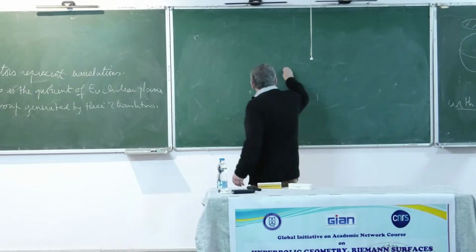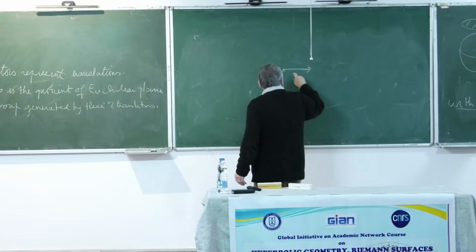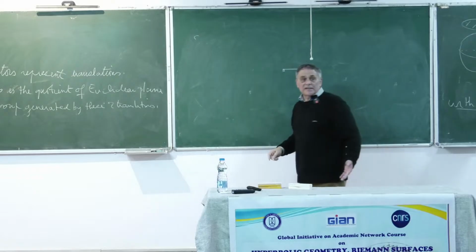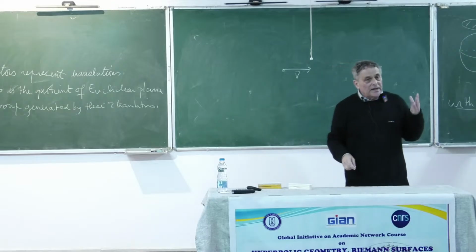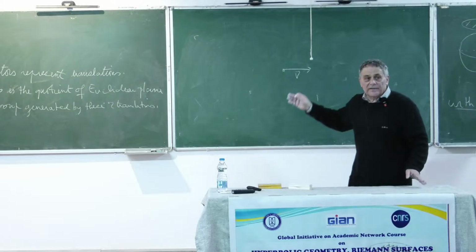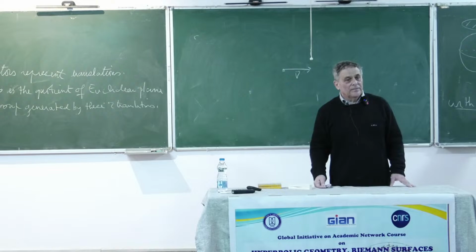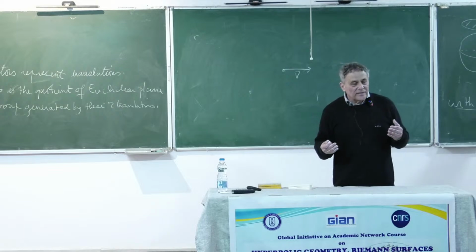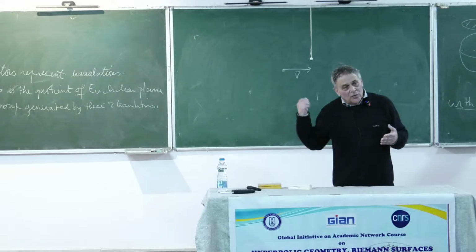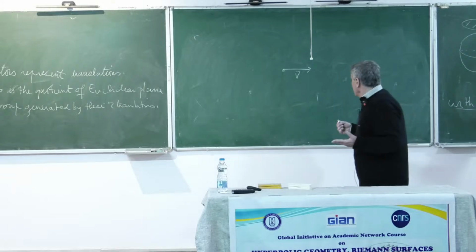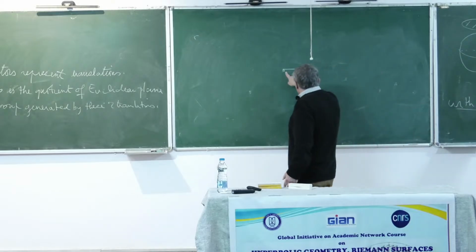You have the origin, and then you have a vector v, which represents a translation. The plane itself is a surface, and I want to find a slightly more complicated surface. This surface will be the quotient of the plane by some translation.